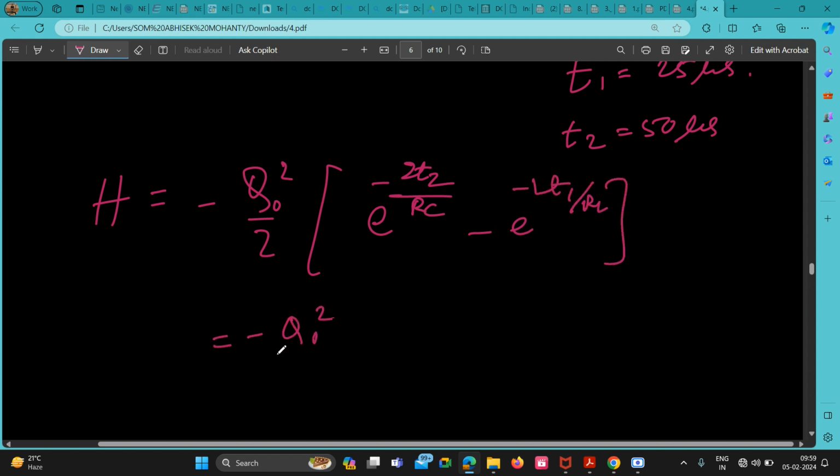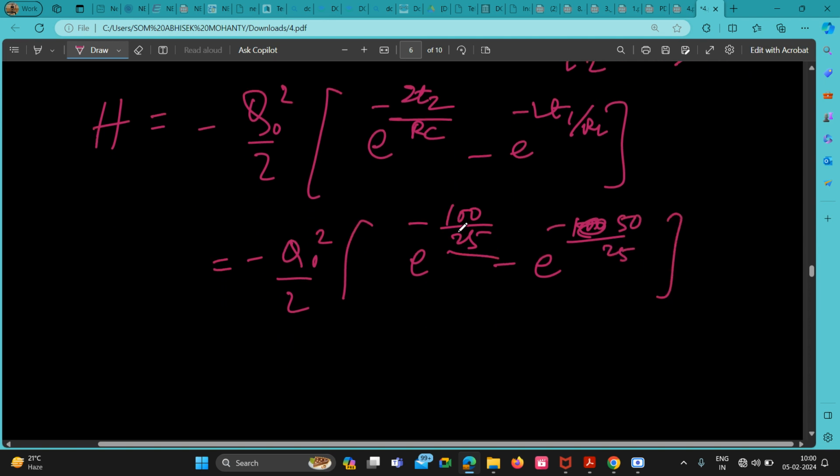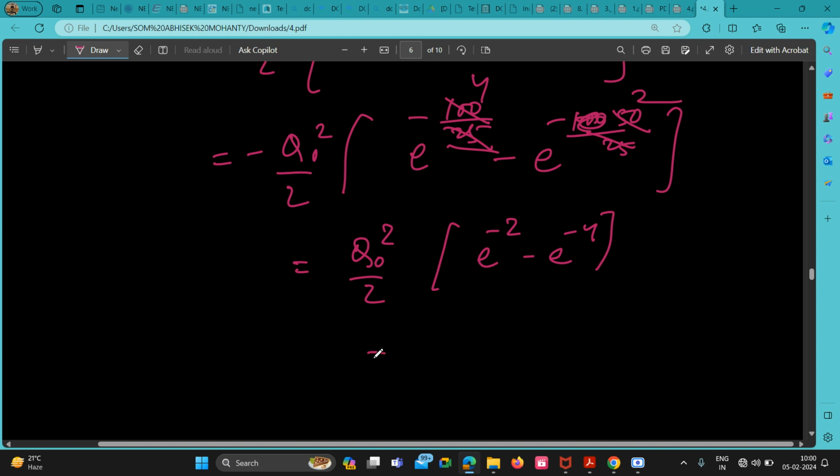Q naught square by 2, minus T2, that means 100 by RC is 25. Sorry, this used to be 50 by RC, which is 2. So this is 4, this is 2. Q naught square by 2, e to the power minus 2 minus e to the minus 4. So Q naught square by 2, 1 by e square minus 1 by e to the 4.